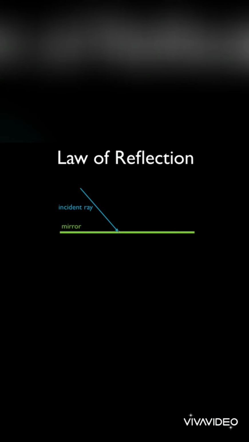Clear? And the point at which the line is striking is called the point of incidence. This we have seen earlier also. Now you are seeing the red line, which is also called the normal line, and the normal line is the perpendicular line drawn on this plane mirror.